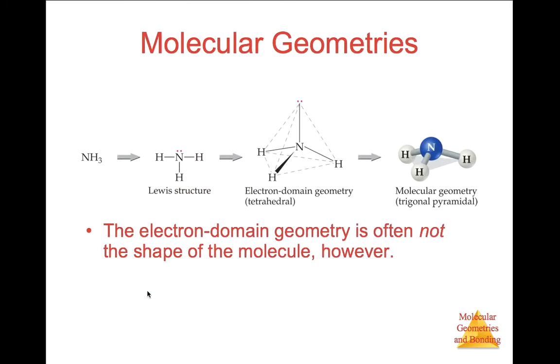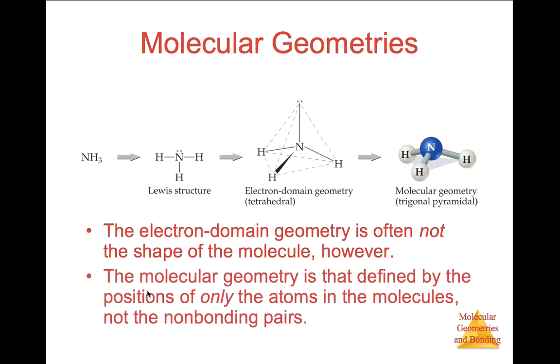The electron domain geometry is often not the shape of the molecule, however. Molecular geometry is defined by the positions of only the atoms in the molecules, not the non-bonding pairs. So you can see here is a non-bonding pair of electrons. That actually changes the bond angles here between the hydrogen, nitrogen, and hydrogen.